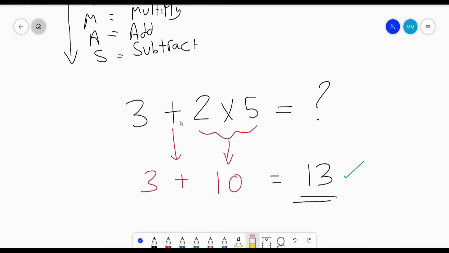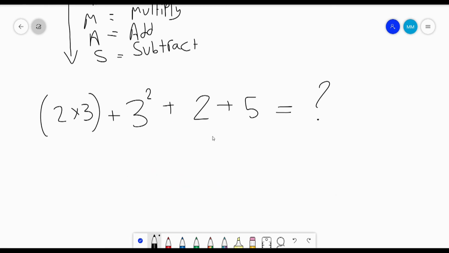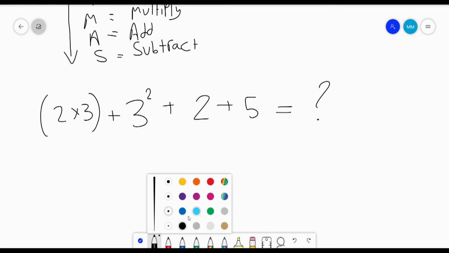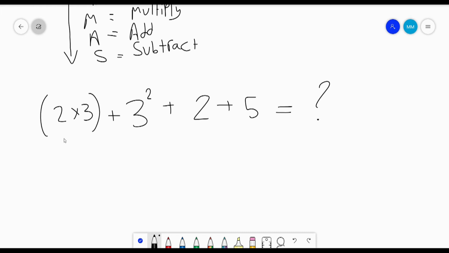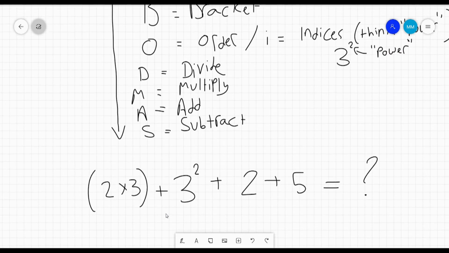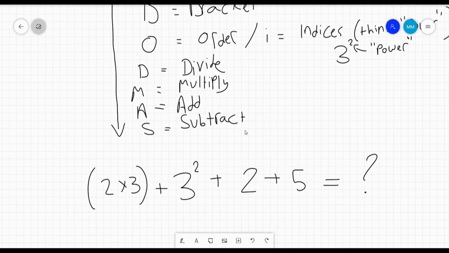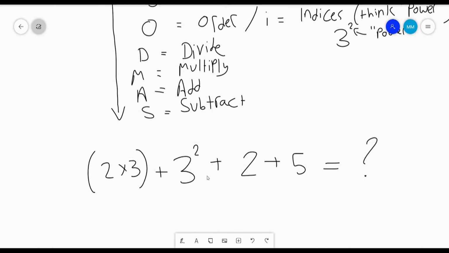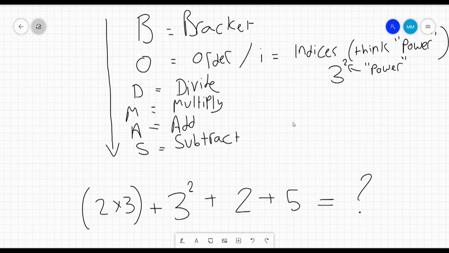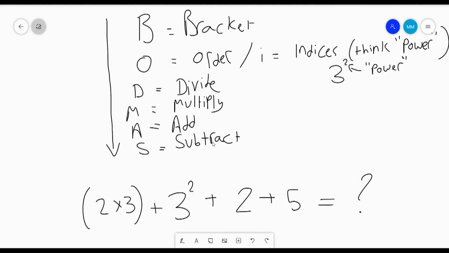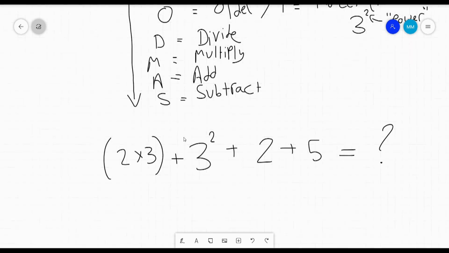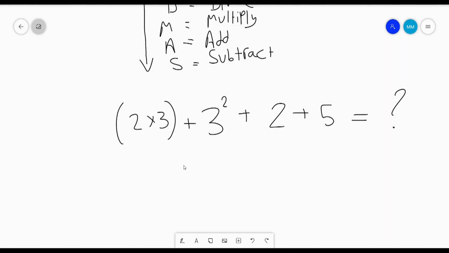So if we had, there we go, that's an interesting one. So same rule applies. We look at this, we first realize it's a Bodmas Bidmas problem. And we look, and say, right, is there any brackets going on? Yeah, there is, over here. So that means that anything in these brackets must be done first.